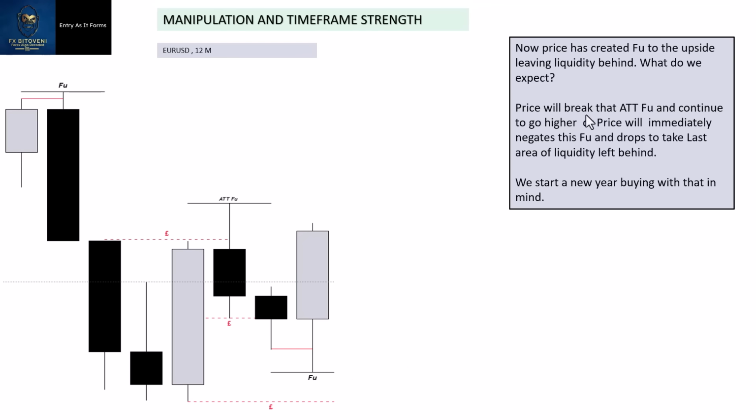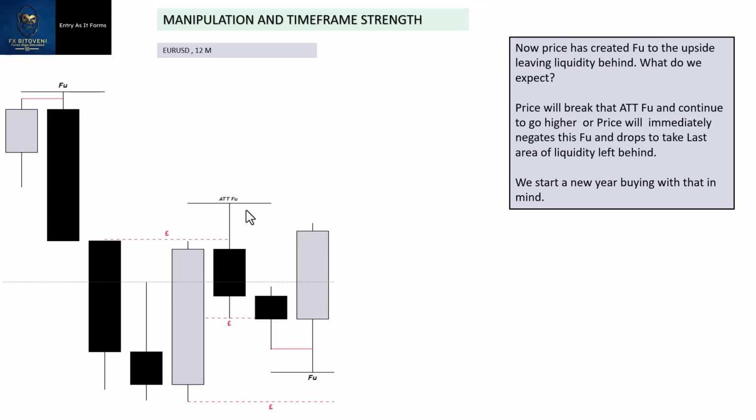Option number one, price will break that anti-FU and continue to go higher. It will break this anti-FU and it continues to go higher. Or price will immediately negate this FU and drop to the last area of liquidity left behind. You understand that? Those are the two options, right?